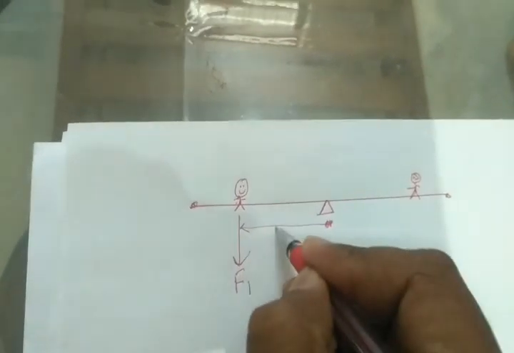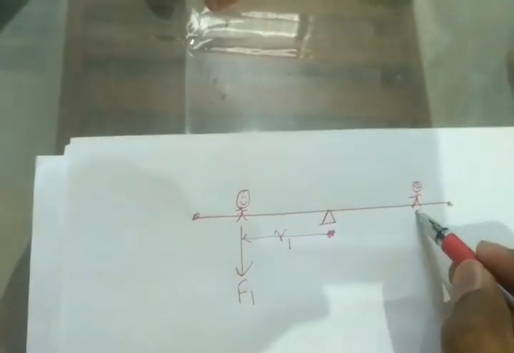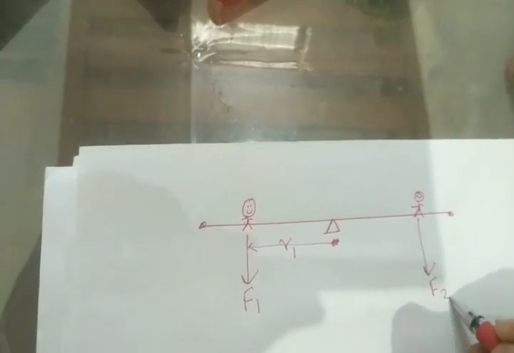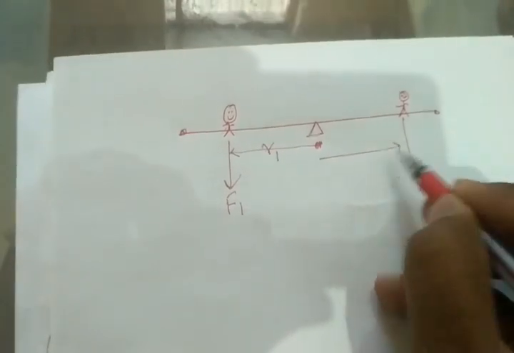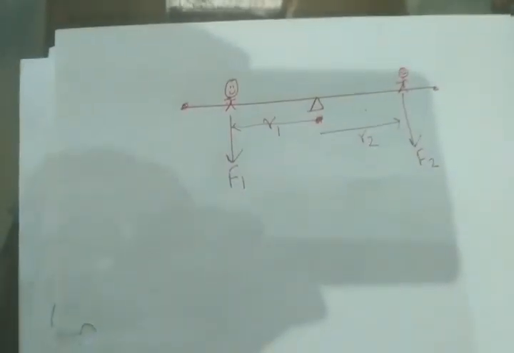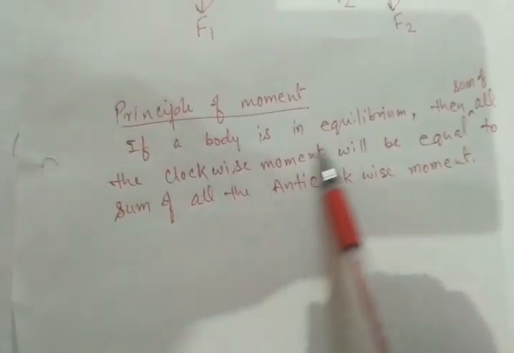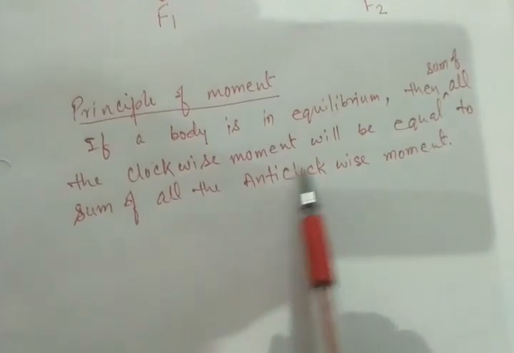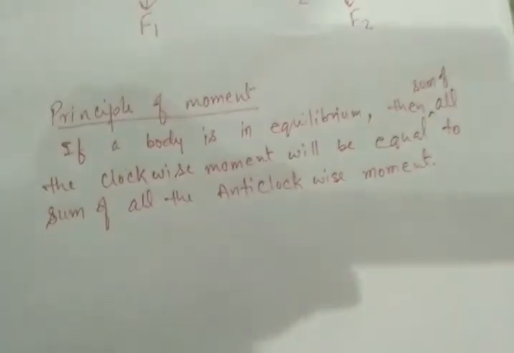Say this distance is R1 and the weight, or force, of this person is F1, and for the other person the force is F2 and the distance is R2. If it is balanced, what does the principle of moments say? If a body is in equilibrium, the sum of all clockwise moments is equal to the sum of all anti-clockwise moments.